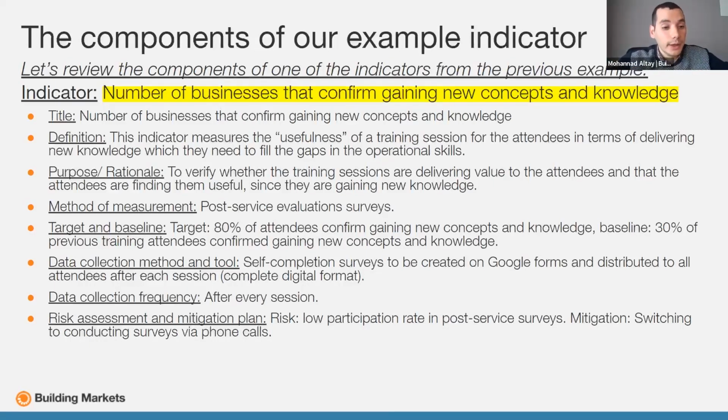Okay, and component number 6 is the data collection method and tool. It is directly related to the method of measurement: how you want to measure it, what kind of tool you want to incorporate. Again, as we said, it can be analog or digital. It can be focused group discussions.